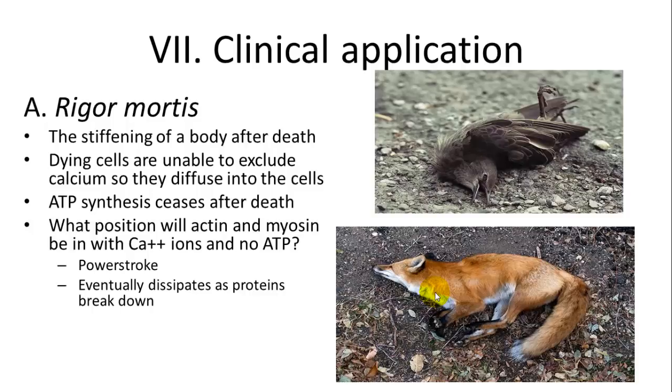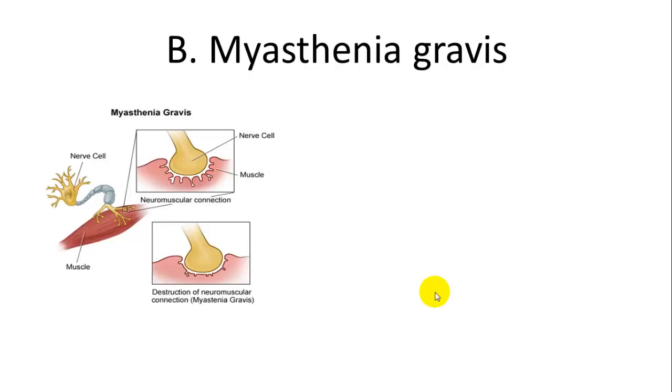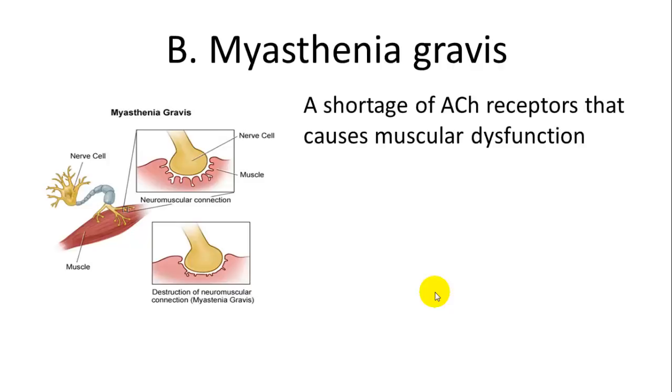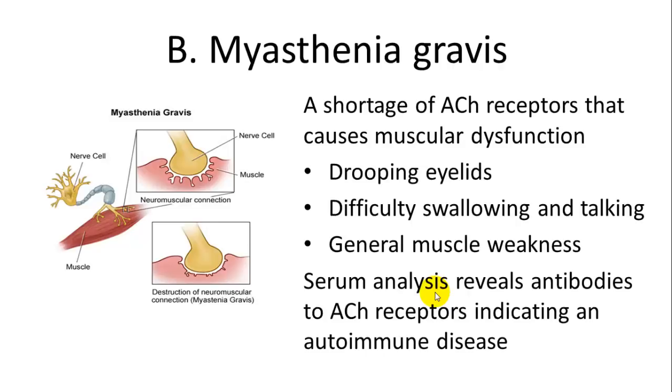A more live problem may be if there is some problem at the neuromuscular junction, which occurs in a condition called myasthenia gravis. And this is where you don't have enough acetylcholine receptors. That's because of an autoimmune function, where the immune system is attacking these receptors.